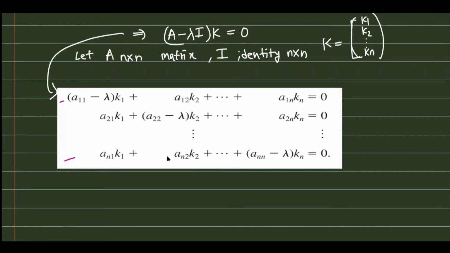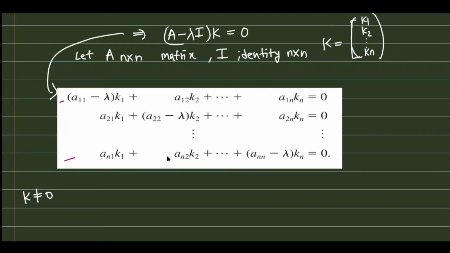Now we see that this is a system of homogeneous equations. In the last class, we have studied that a homogeneous system of n linear equations in n variables has a non-trivial solution if and only if the determinant of the coefficient matrix is equal to 0. In the definition, we say that the solution K should be non-zero. We have to find a non-zero K such that AK equal to lambda K holds.